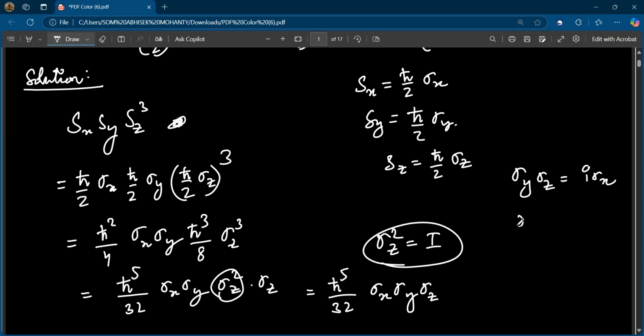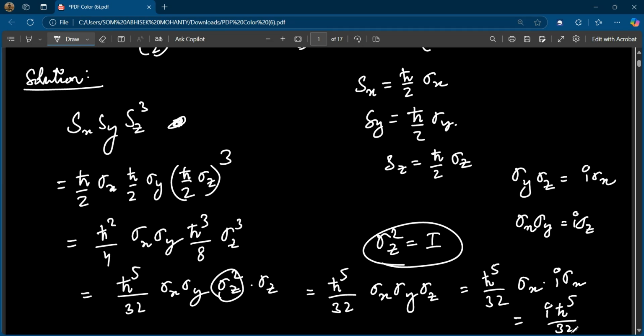So this becomes h cut 5 by 32 sigma x into i sigma x. Sigma x square is the unit operator, so the answer becomes i h cut 5 by 32.